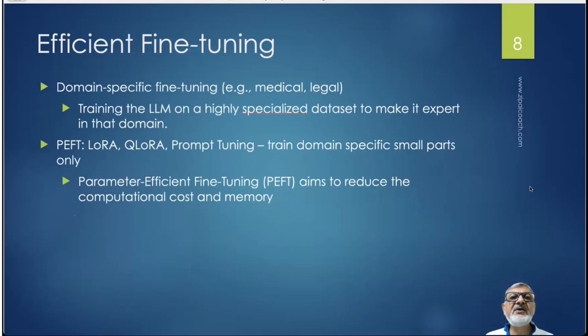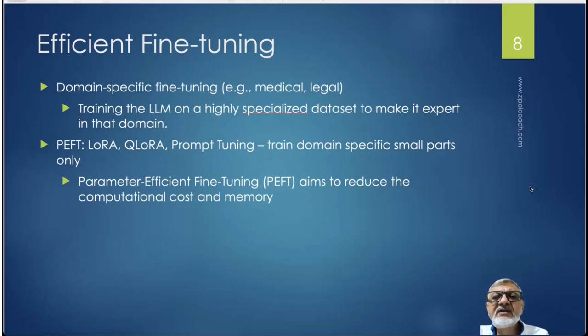Efficient fine-tuning means we fine-tune a model, but we also efficiently use the resources. That is possible when we are training an LLM on a highly specialized data set, like a medical or a legal data set. These specialized data sets make it expert in those specific domains.